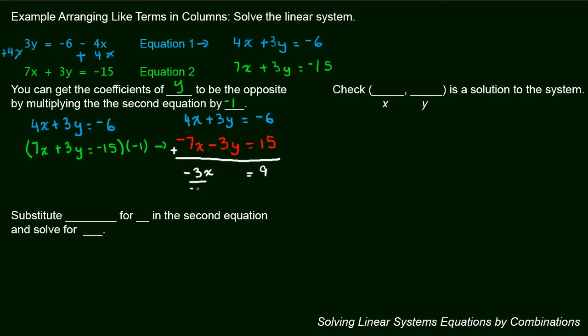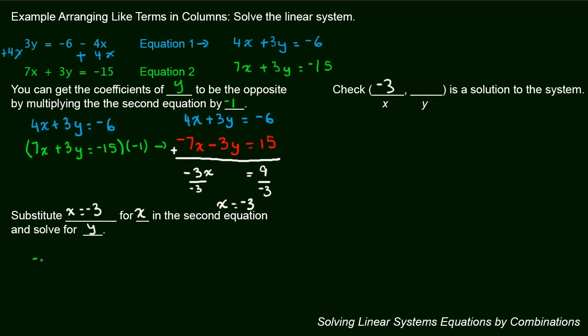Solve for x by dividing every term by negative 3, and I get that x is equal to negative 3. I'm going to substitute x equals negative 3 for x in the second equation and solve for y.